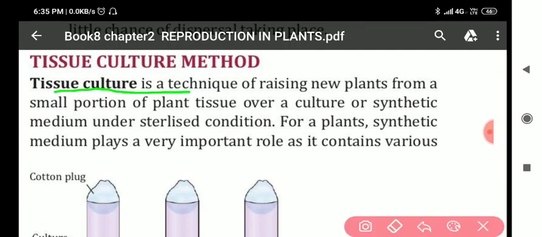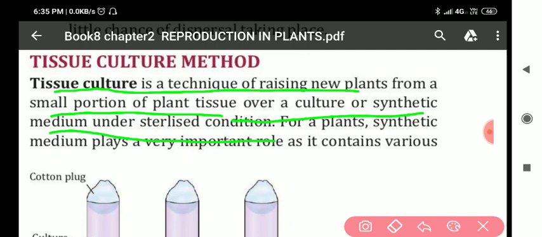Tissue culture is a technique of raising new plants from a small portion of plant tissue, over a culture or synthetic medium under sterilized condition. From a small part of plant tissue, we can make a new plant. In the lab, in artificial conditions, we can develop new plants from a small part of plant tissue.